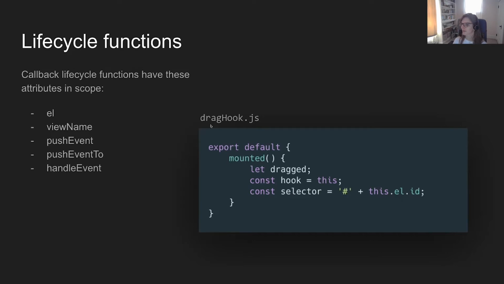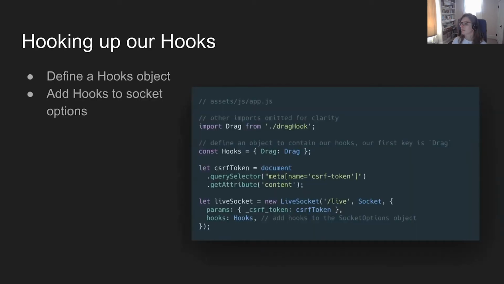So we'll start by just making a JavaScript file called draghook.js, and that's going to be in our assets folder of our Phoenix LiveView project. Then within our app.js file, which is part of our Phoenix LiveView project by default, we don't have to do anything to create this file, but we'll just add an import for our drag hook function, and then we will create an object called hooks.